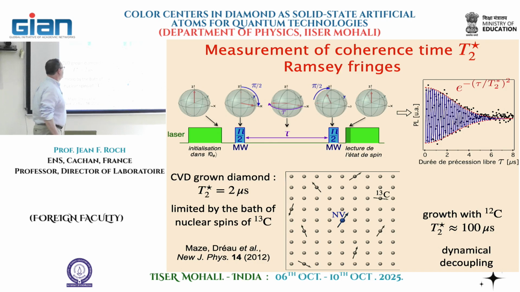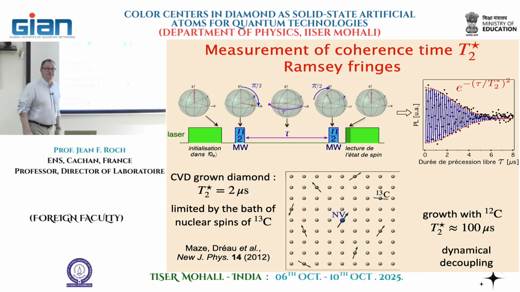At the end, after this free precession, we apply a new pi/2 pulse, which should be equivalent to a pi pulse if there's no decoherence effect. We measure the population in the MS equals 0 state by applying a new laser pulse.